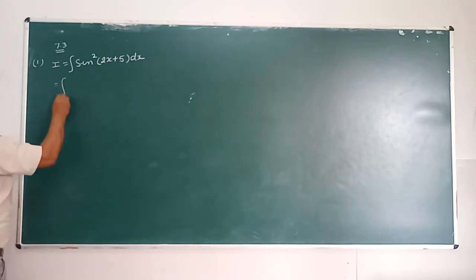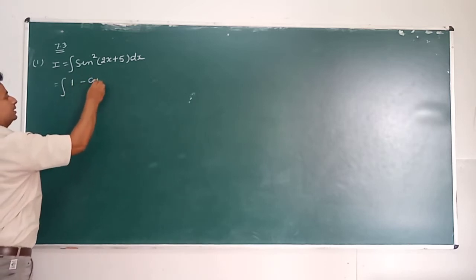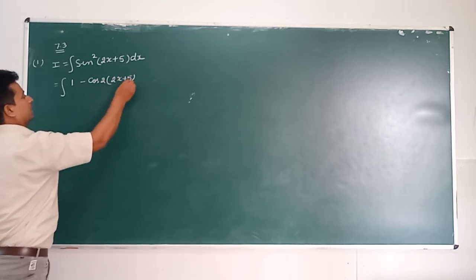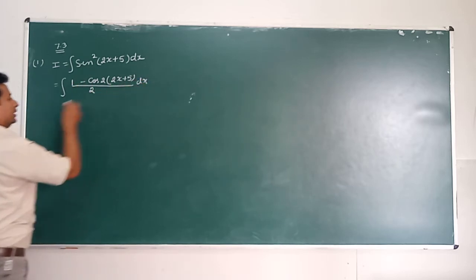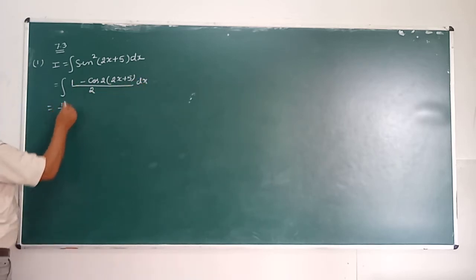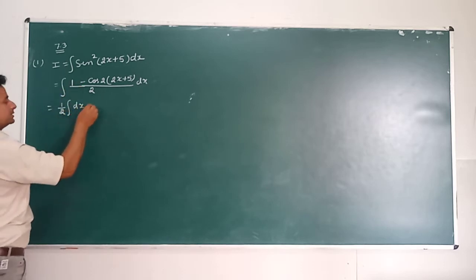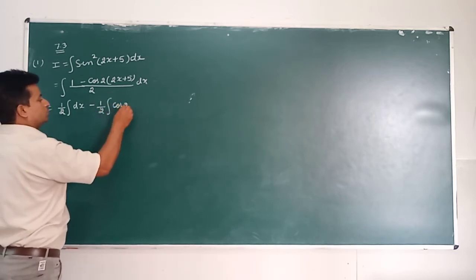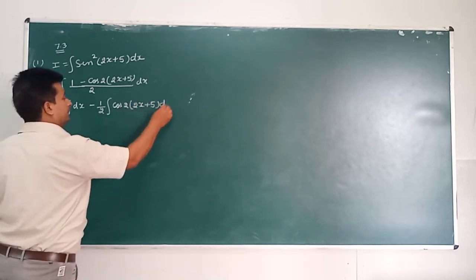If in the question there is an even power, then we use the formula sin square x is (1 minus cos 2x) upon 2. This is the formula. Take 1 upon 2 outside, then this is dx minus 1 upon 2 cos of 2 into (2x plus 5) dx.